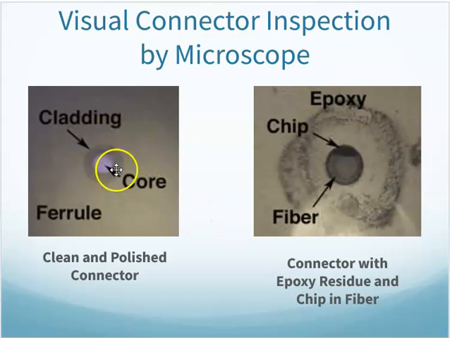Here would be a good clean fiber. Outside around here is the ferrule. Here's the cladding, and then the center part there is the core. So that would be a nice, clean, polished connector. If I look at this one, I see a bunch of epoxy residue that's squirted out of the end of the connector on top of the ferrule. And that could be affecting either the mating of the two connectors, or the light moving from one fiber to the next one.